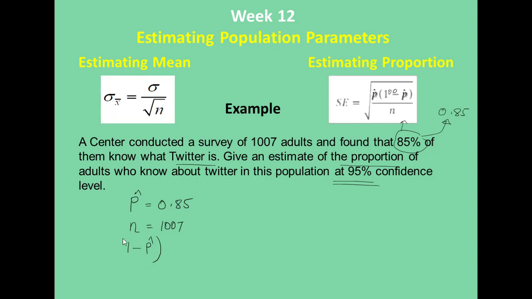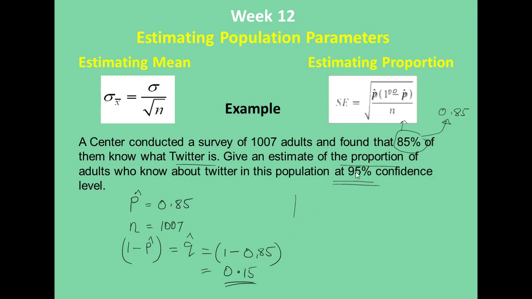By the way, 1 minus p hat is written as q hat in some books. In this case, 1 minus p hat, or q hat, is equal to 1 minus 0.85, which equals 0.15.